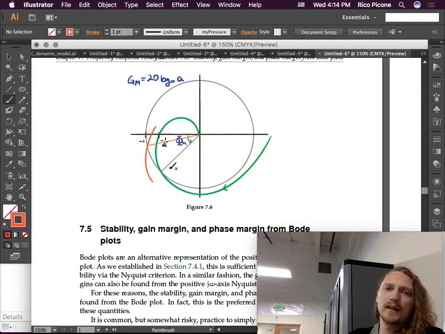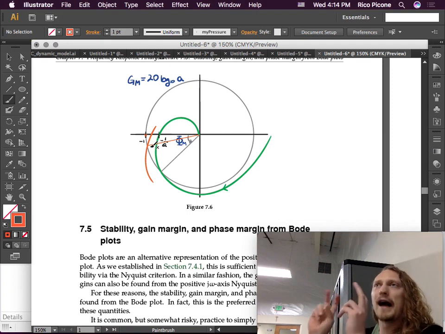So the phase margin makes its reference when you cross back into the unit circle. So the closer you get to crossing right at -1, which would be marginal stability, the smaller that angle is going to be. And therefore it gives you a sort of metric for how stable you are.